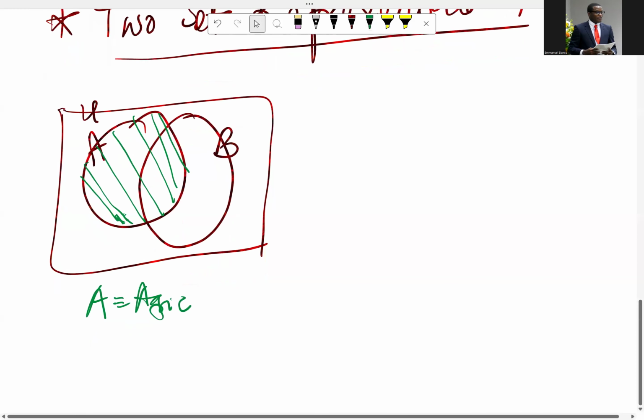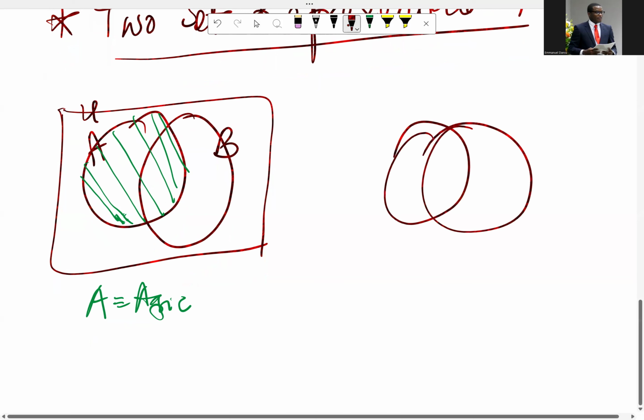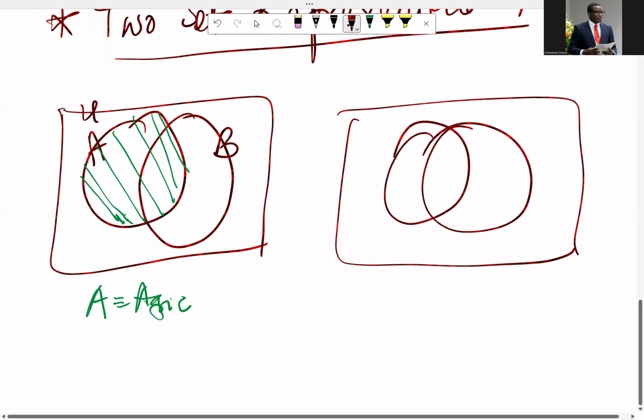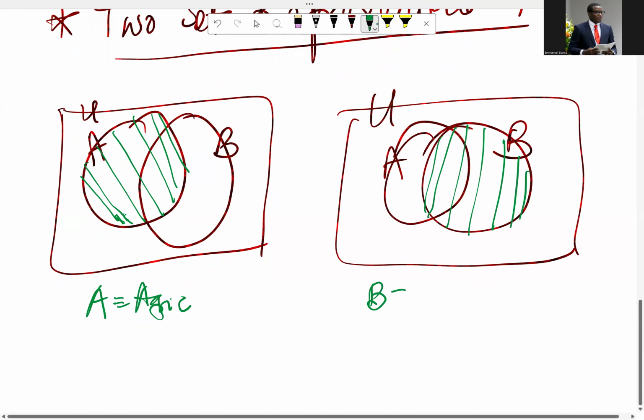Okay, and then let's say we have another set. This is the universal set, this is A, this is B. Again, if we shade this, this is B. These are students who study biology.